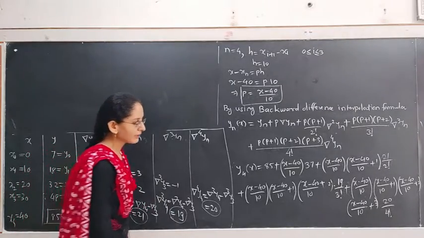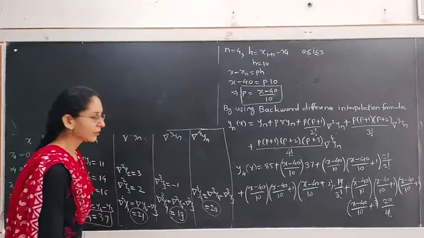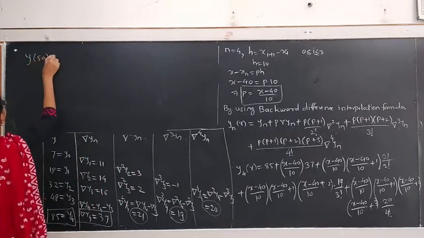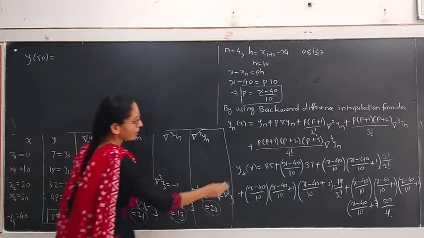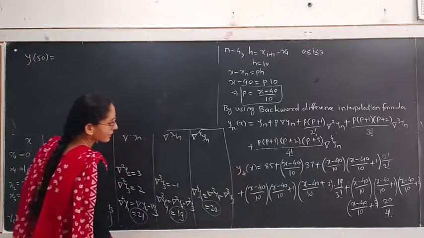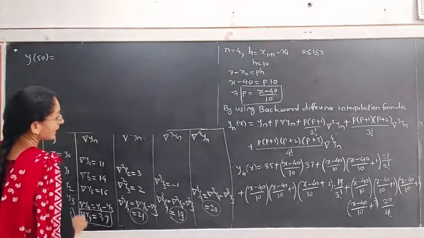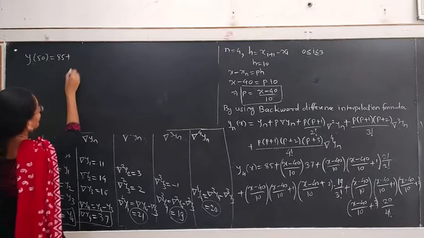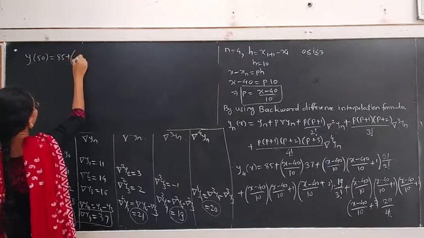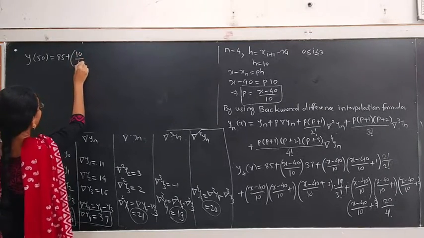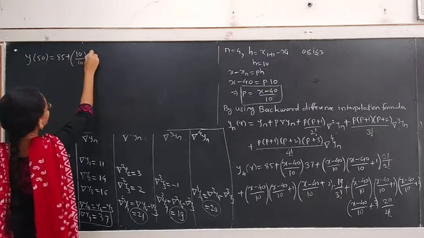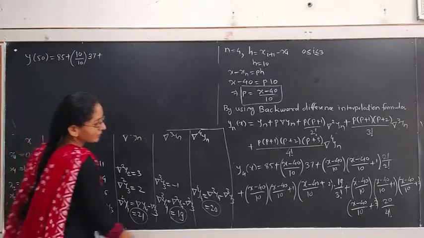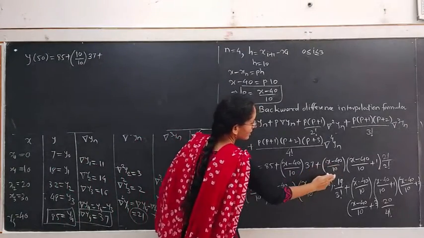Now we want the value of y at x is equal to 50. Hence we put x is equal to 50 in this last expression. Then we get y of 50. Substituting x is equal to 50, we get 85 plus the first term: x minus 40, but x value is 50, so 50 minus 40 is 10, 10 upon 10 into 37.